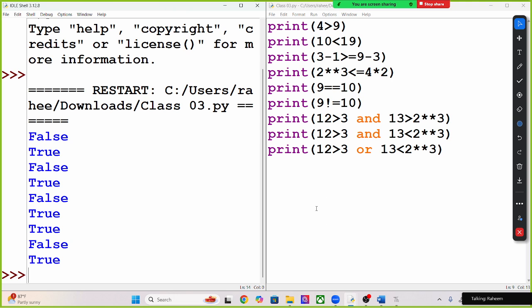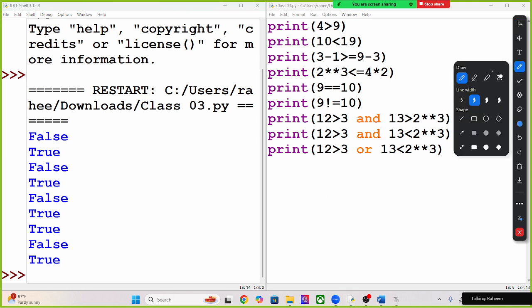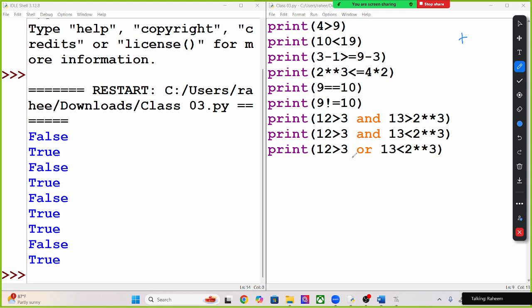The reason is that now it's an OR gate, and OR means addition. 12 greater than 3, yes, then it's true. 13 smaller than 8, no, then false. True is 1, false is 0, 1 plus 0 is 1, and 1 is true. Did you understand? So that's why we got true.